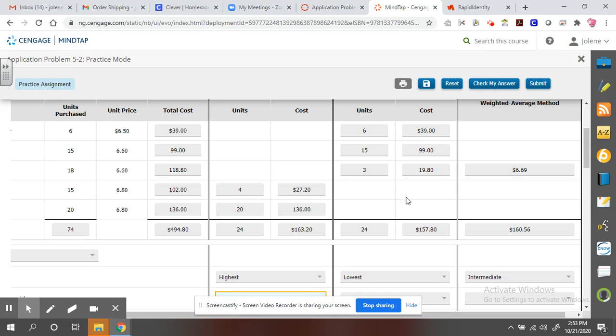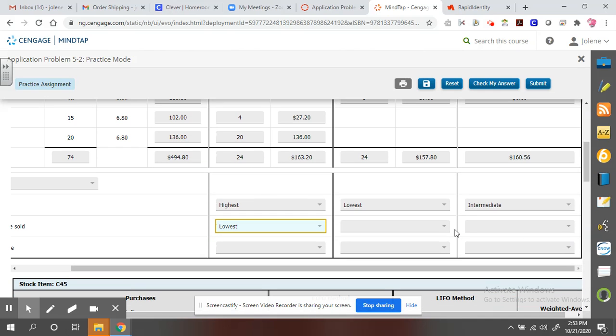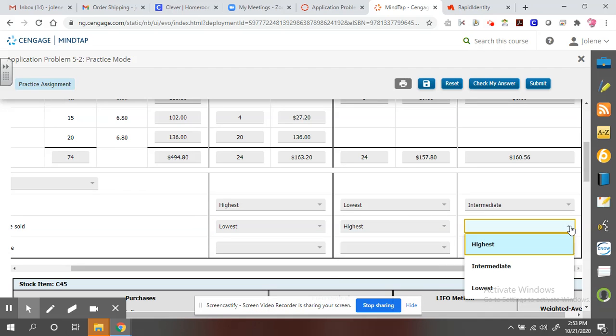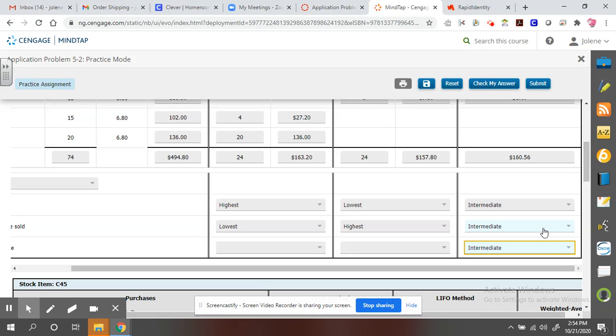On this one, what we sold, right here, these are the highest. So it's got to be the highest. This is always going to be the intermediate. It's the average, and that's what average is. Average always comes in the middle.